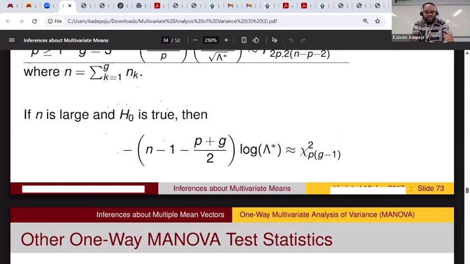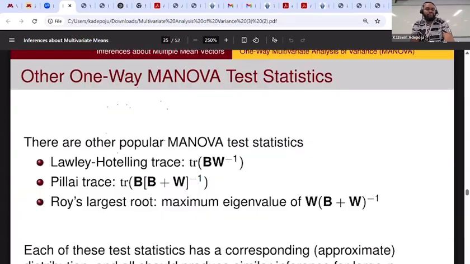Now, apart from Wilks' lambda, we also have other popular multivariate analysis of variance tests: the Lawley-Hotelling trace, the Pillai trace, and the Roy largest root. But all of them are actually based on B and W, the between and the within.